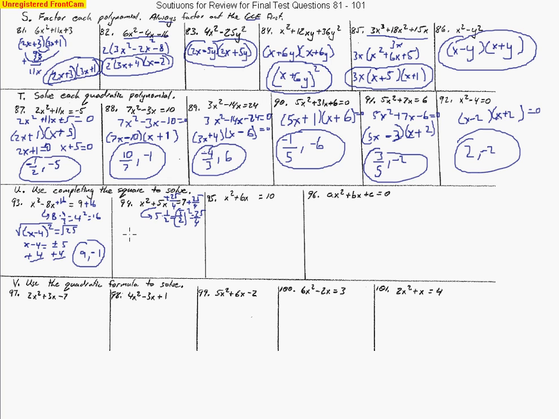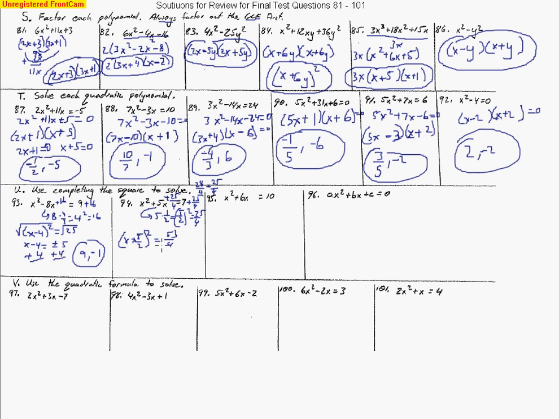And so when I do that work, I end up with an x plus, and then whatever half our b term was, so 5 halves, quantity squared, and then I need to add the 25/4 to the 7. So I need to multiply 7 by 4, and so that gives me 28/4 plus the 25/4, which ends up giving me a grand total of, looks like 53/4.